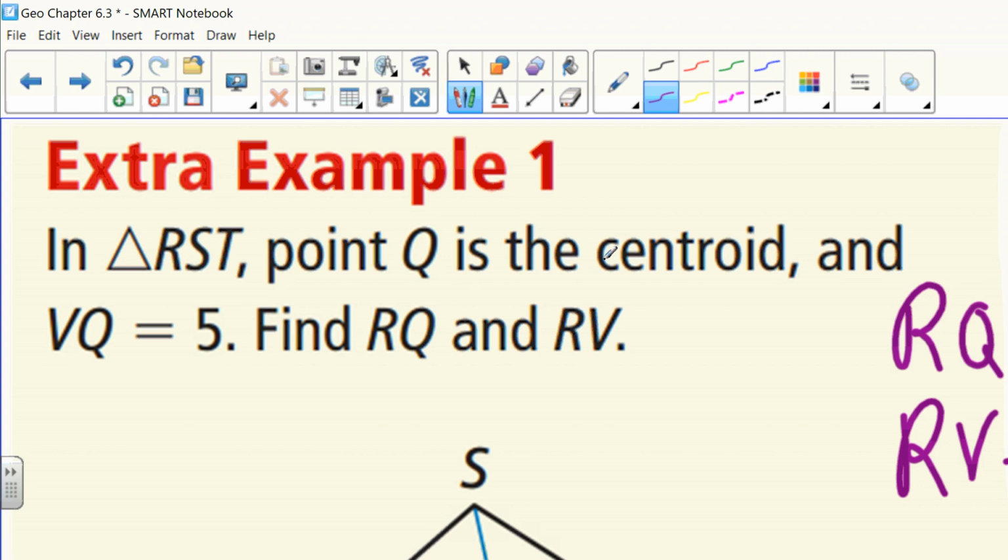What would SQ be? And SW would be? What would QU be?